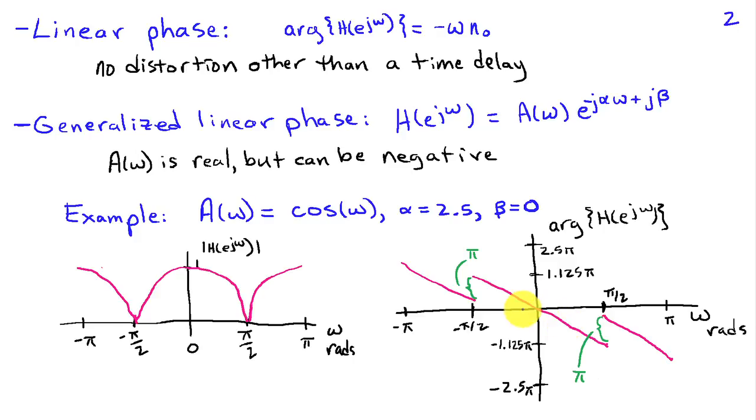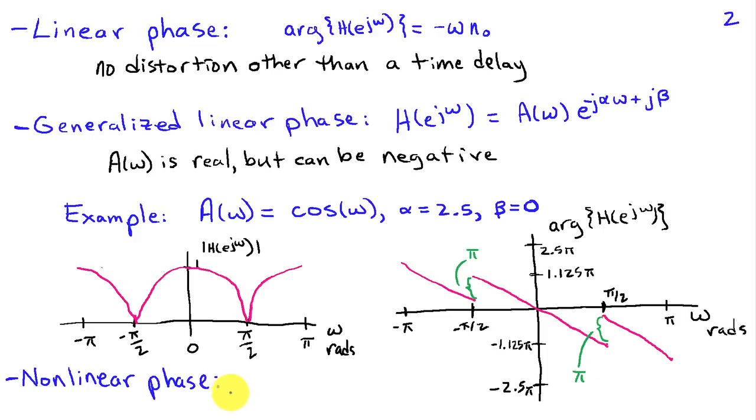But when A of omega changes sign, which it does at omega equals pi over 2, at that point the cosine becomes negative and the phase takes a jump of pi. So we have this linear slope, but the phase can have discontinuities of pi associated with sign changes in A of omega. And then of course we can have the case where the phase is nonlinear.